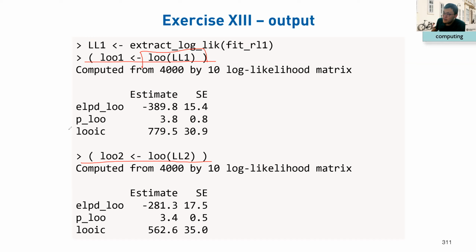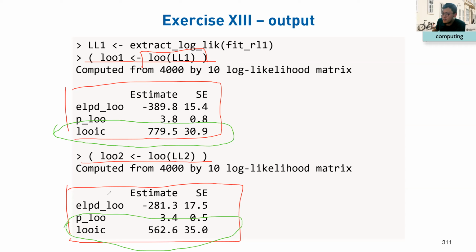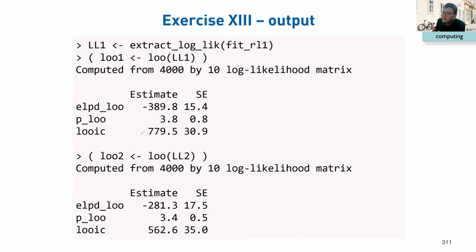For each of these outputs, we have a table here. The structure looks the same. We are looking at the last line of that table, which is here and here. These 2 numbers are the values that we will be comparing.